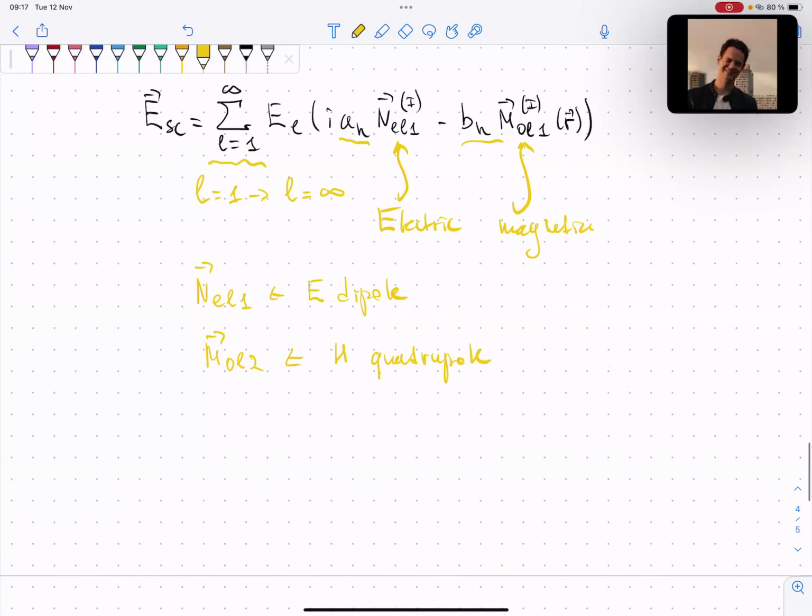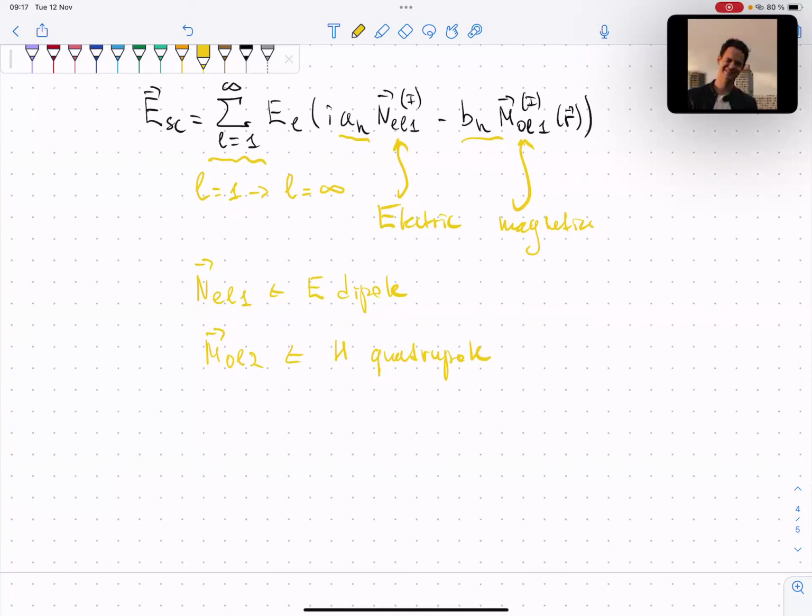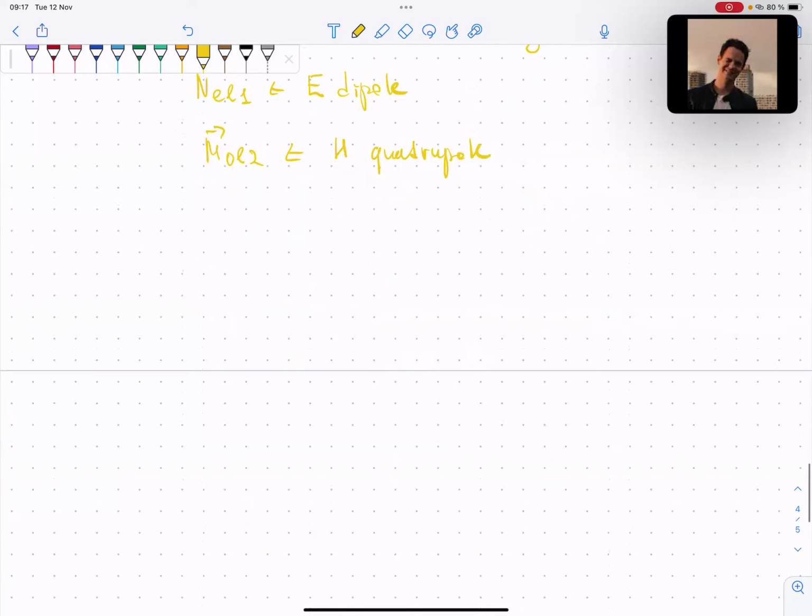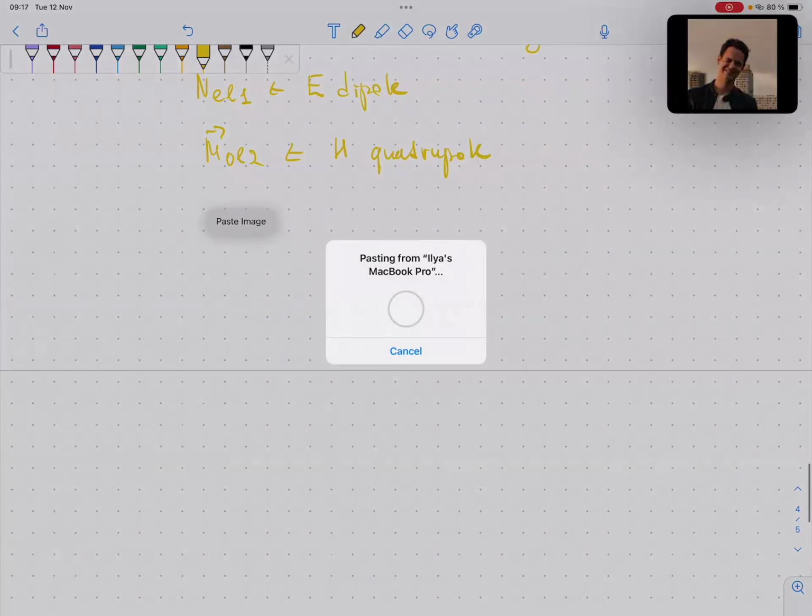And when you choose the number of modes, for example, here we have 4 modes to plot.